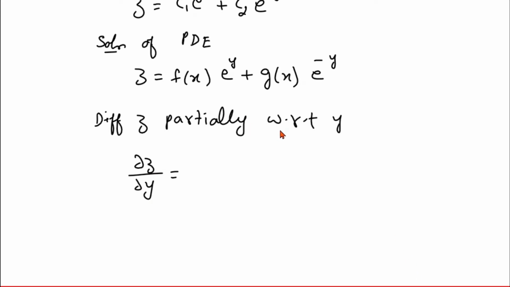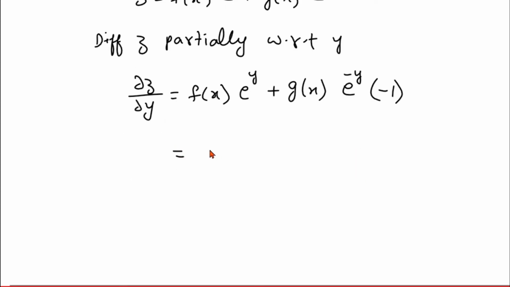So f(x) will be as it is, and differentiation of e^(y) will be e^(y) itself, plus g(x) as it is, and differentiation of e^(−y) will be e^(−y) into −1.